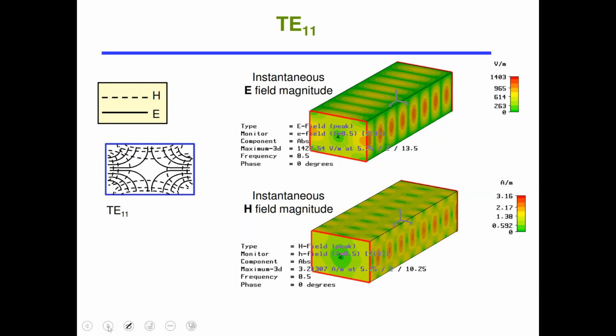Again, 1-1 tells you one lobe, one peak in X, and one peak in Y. So there is going to be a variation in X direction and a variation in Y direction too.